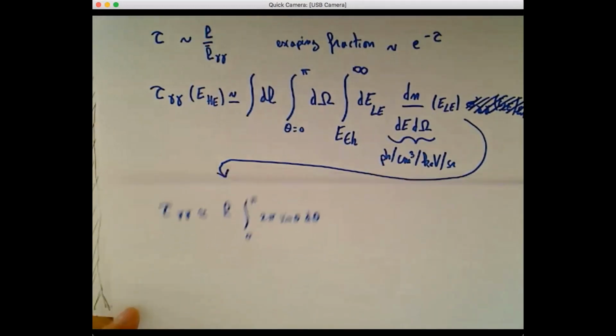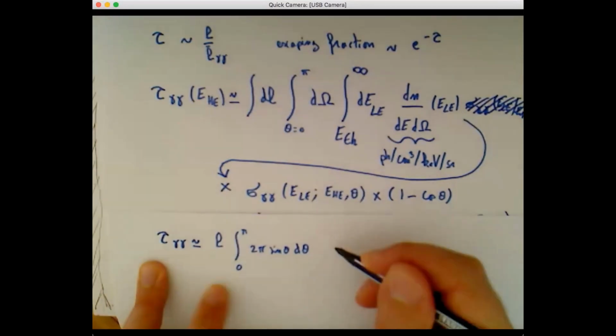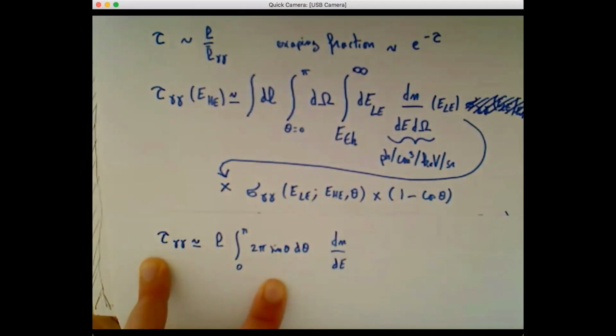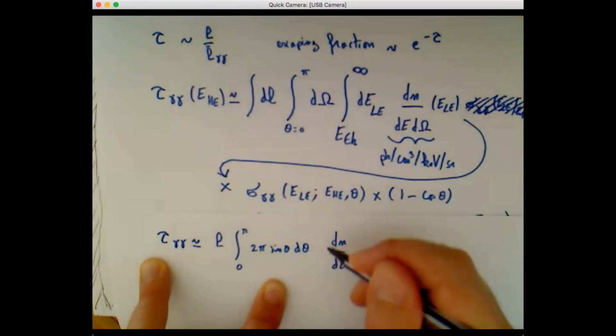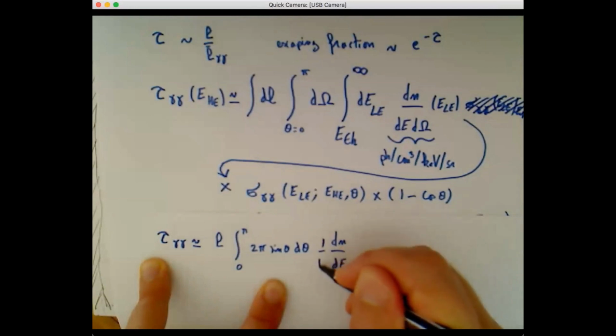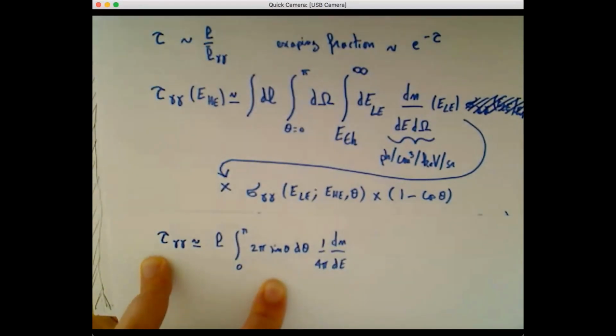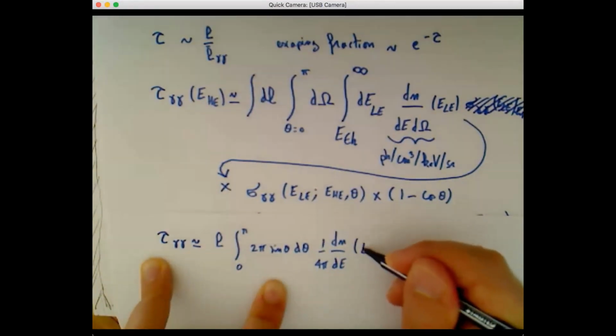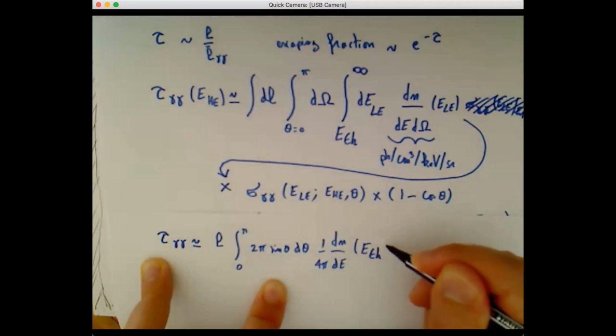So I can just say that this is dn over dE. As I said, I assume that I am in a frame where the photon field is isotropic. So the 1 over d omega is just 1 over 4 pi. It's the same density in all directions. And I have to compute that at the threshold of the reaction.